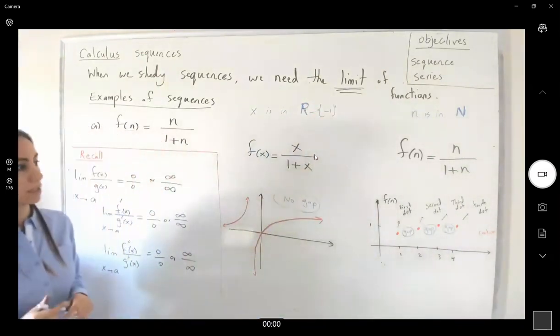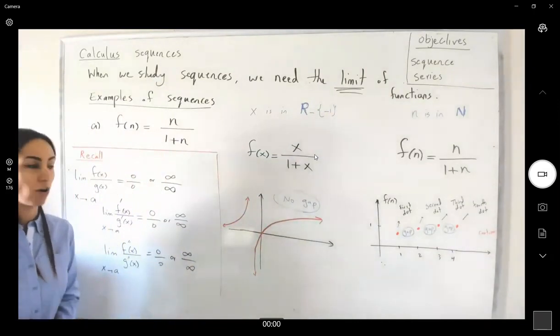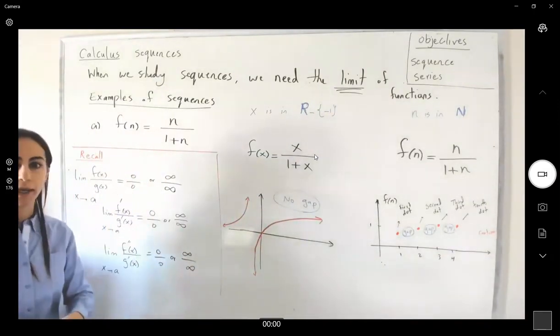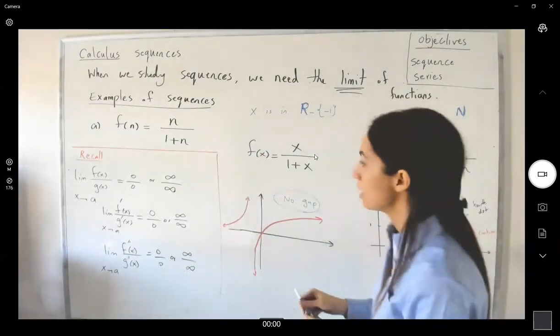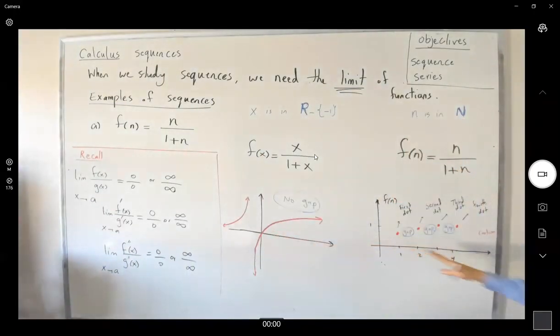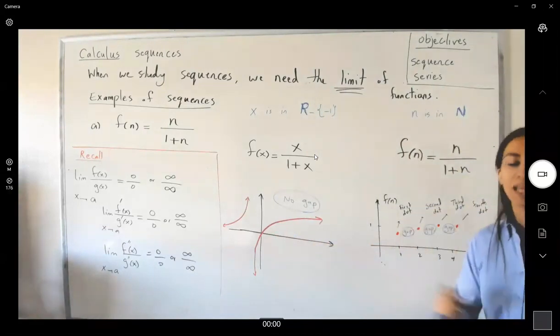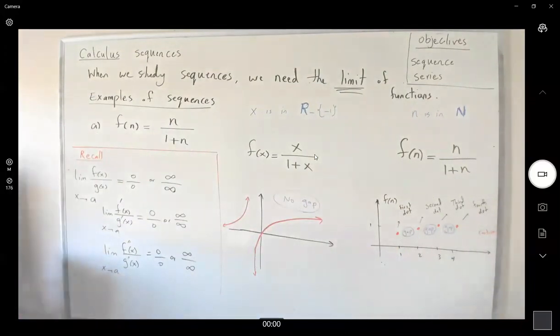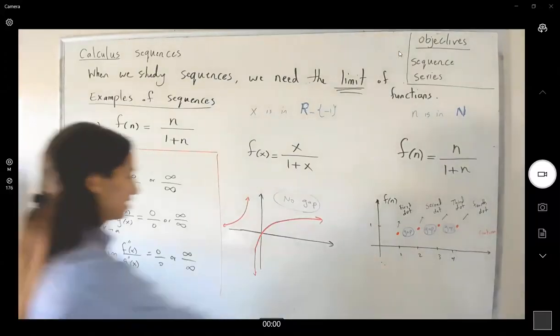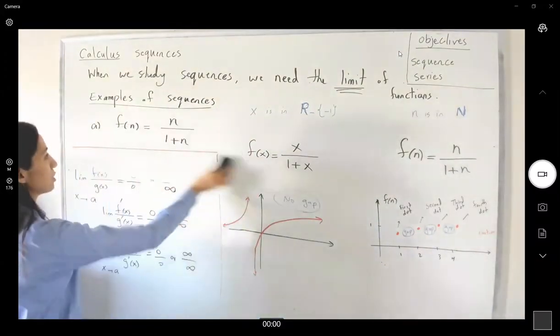So there's a difference between the graph of a sequence and the graph of a function with different domains, but note that at infinity, when x goes to infinity and when n goes to infinity, the behaviors are the same. More examples for you. This was our first.